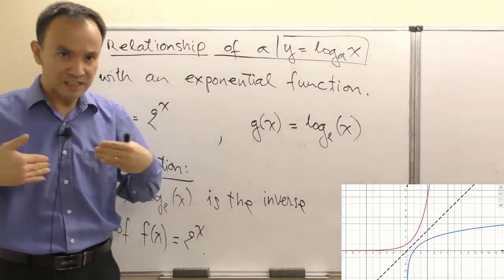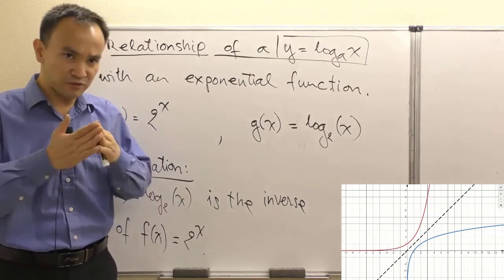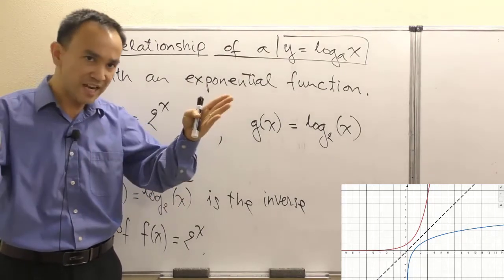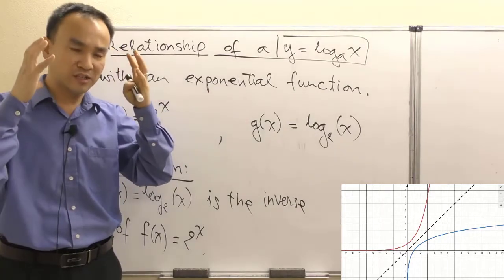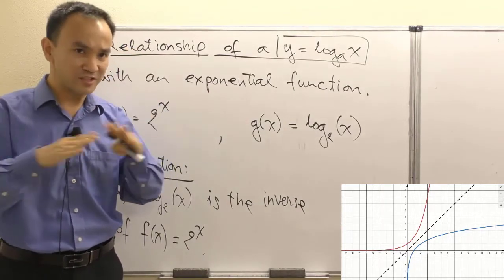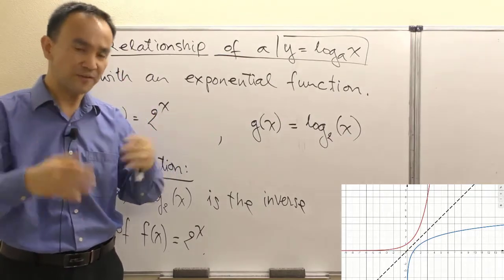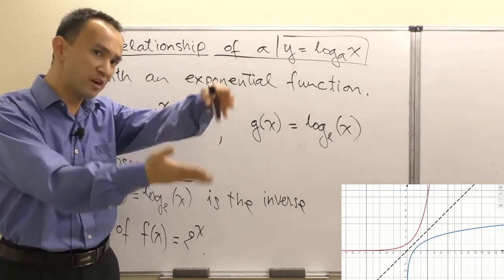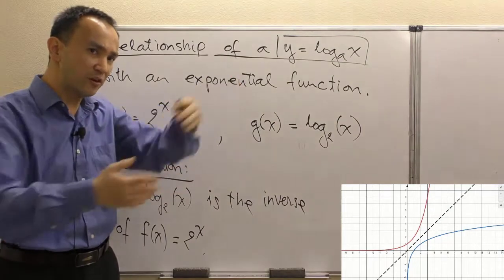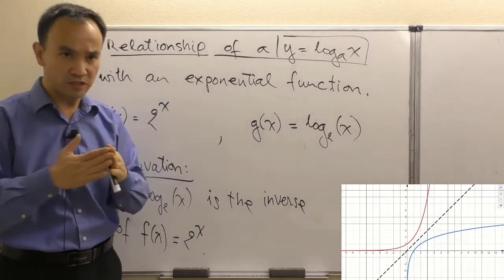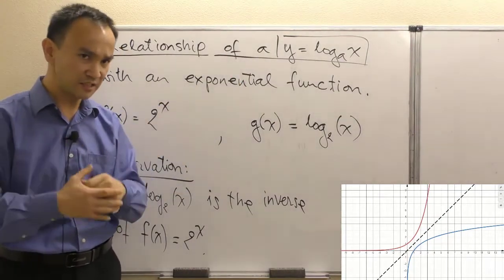And I myself have been teaching my students that observing through the graphs is not always accurate, because people's visual sense is different. I see the two graphs as perfectly symmetric through the 45-degree line. Somebody else with different eyesight can see things slightly differently.